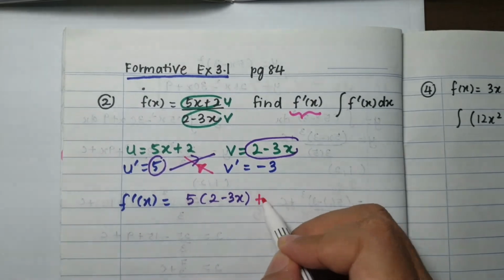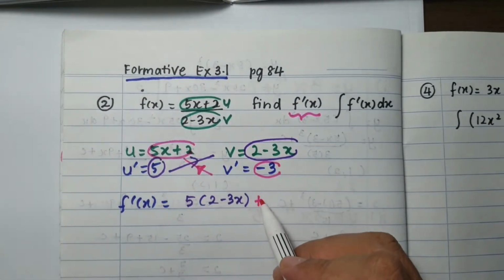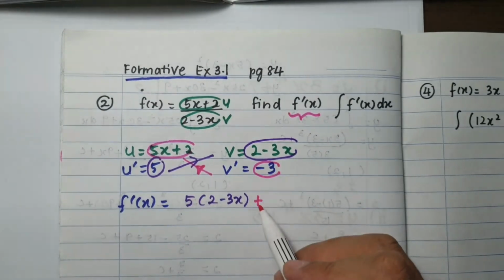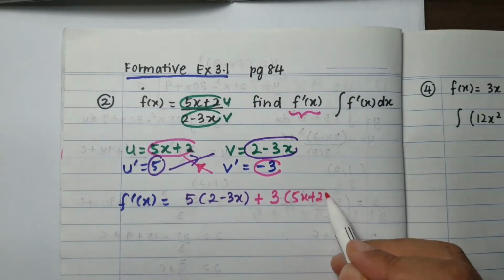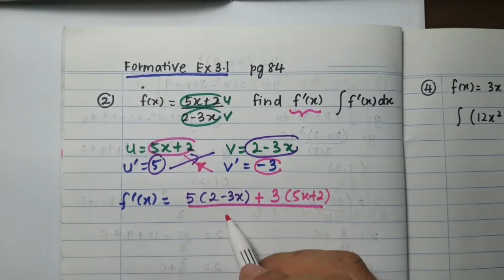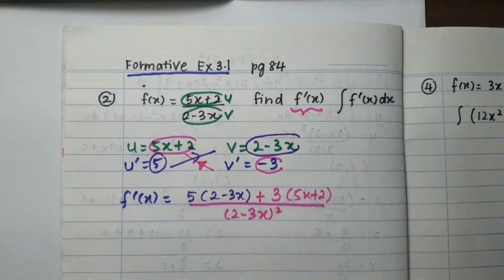Yes, so you put plus. So copy this and this, so actually here minus, so negative becomes positive, so copy 3 and 5x plus 2 over v squared, right?